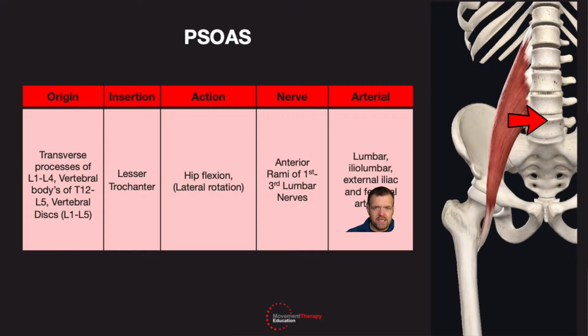This one's a really controversial muscle, shall we say, especially in the therapy world, because it's really quite deep. On a very, very thin person, for example, I used to treat some really good long distance runners, and they were super skinny and really athletic, so had really good musculature.